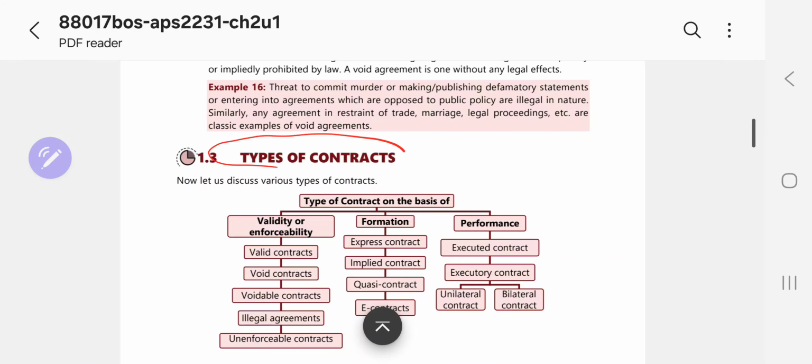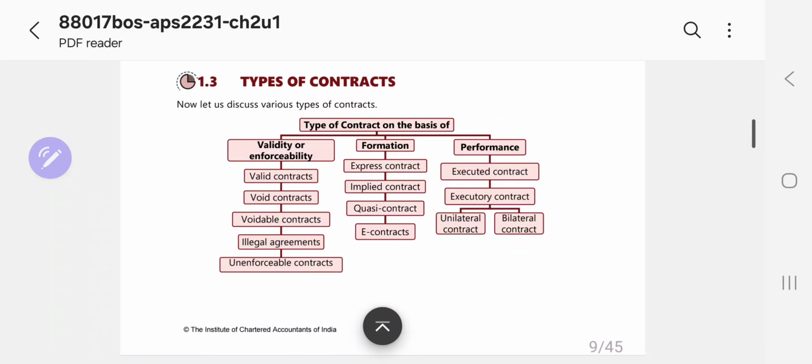Now coming to types of contracts. Here you can see types of contract on the basis of validity or enforceability, on the basis of formation, and on the basis of performance. Okay, this is also important, make a note of it.